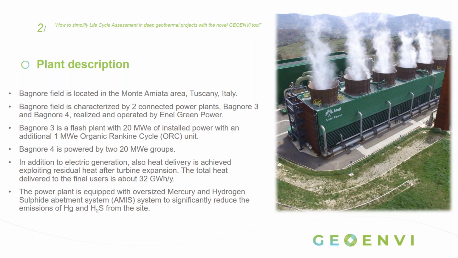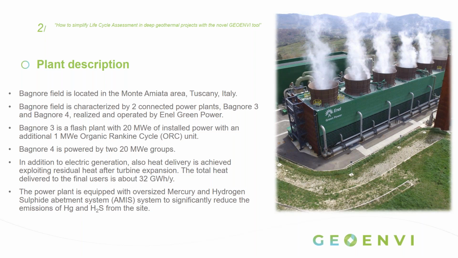Bagnore 3 is a flash plant with 20 megawatt of installed electric power, and additionally 1 megawatt of electric power is provided by an organic Rankine cycle unit. Bagnore 4 is powered by two groups of 20 megawatt of electricity each.